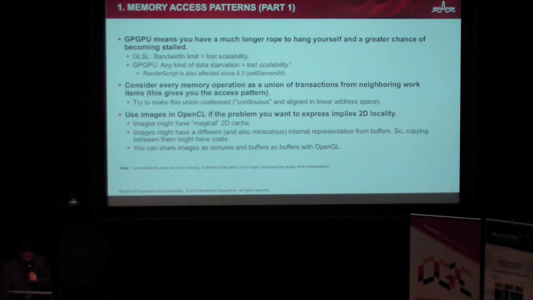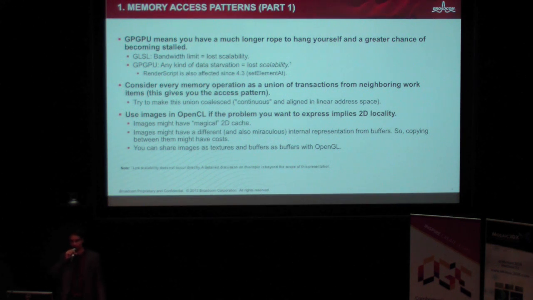Despite the trends in desktop development, on mobile it's especially a good idea to try to make use of images, because if your problem can be naturally expressed in a two-dimensional manner, so if you can profit from two-dimensional locality, images just guarantee it to you by some kind of magical two-dimensional caches and also magical internal representations.